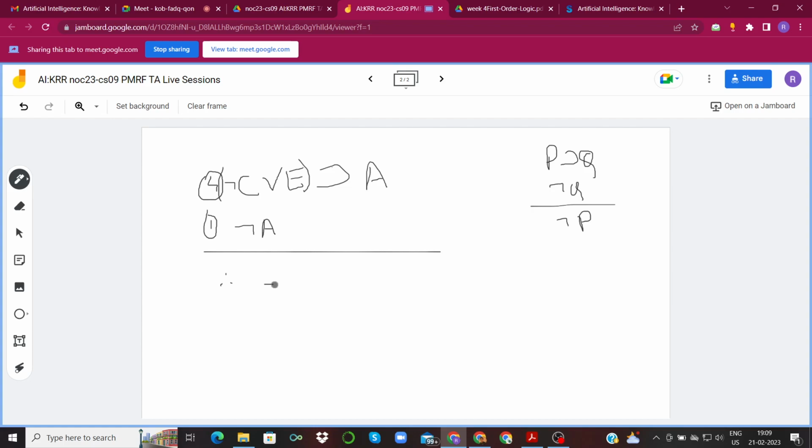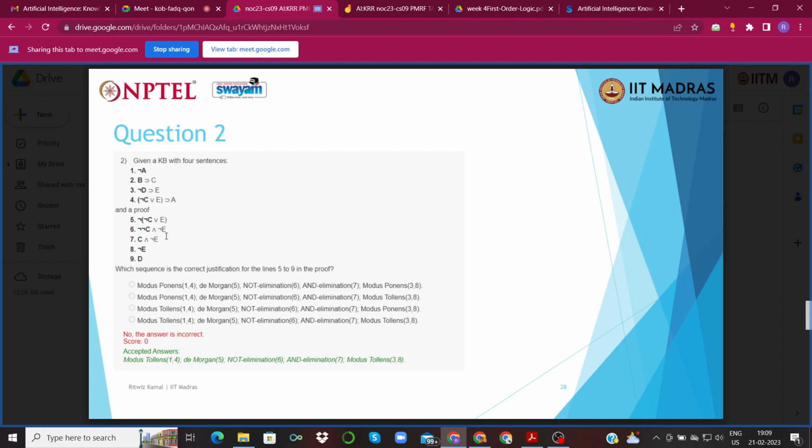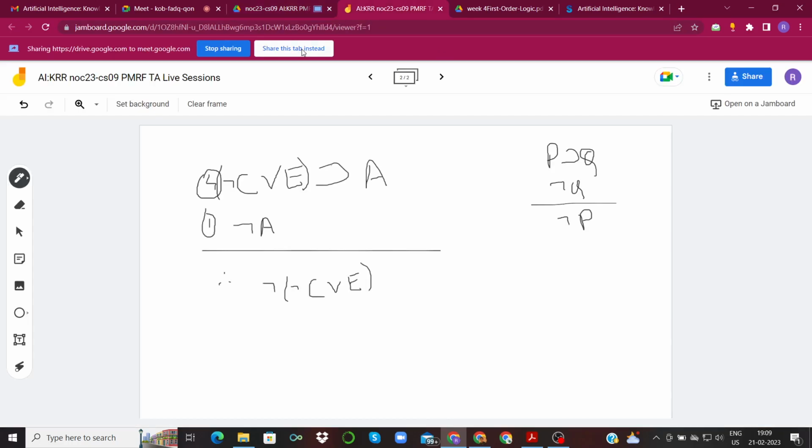they are deriving not of not C or E. Okay, which is basically what is given to us as the fifth particular instance. Not of not C or E using modus tollens of sentence 1 and 4. Okay, next they are using De Morgan's law.